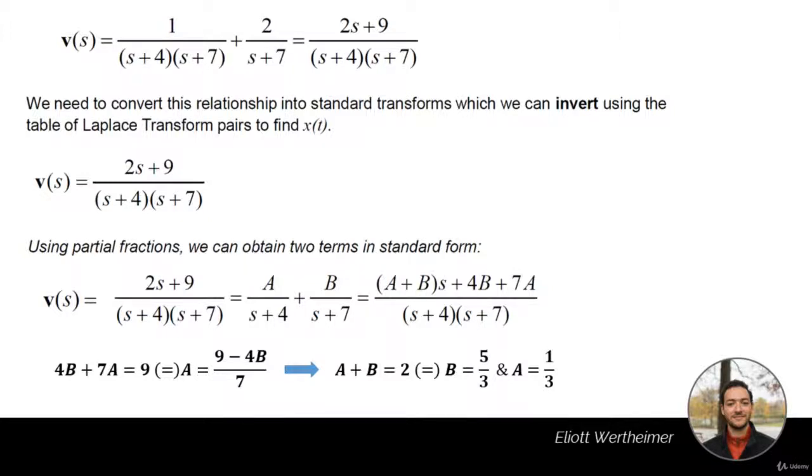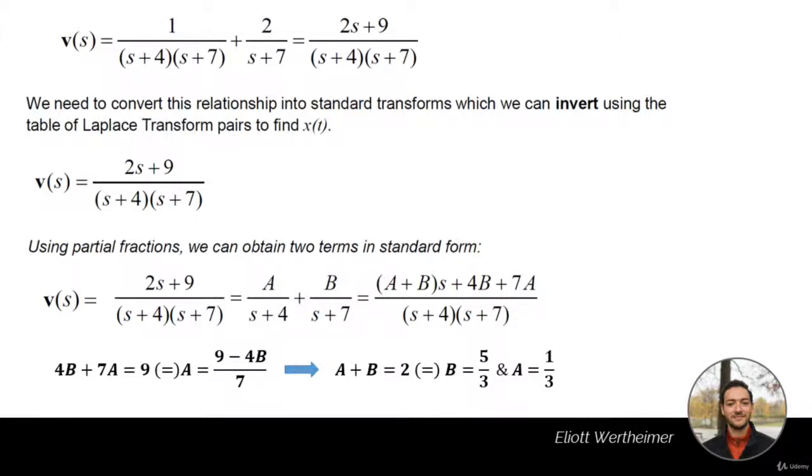So developing this, we get that a plus b multiplied by s plus 4b plus 7a, divided by s plus 4 multiplied by s plus 7, is equal to the equation from the beginning. So what you see is that in the numerator you have a number multiplied by s on both sides.